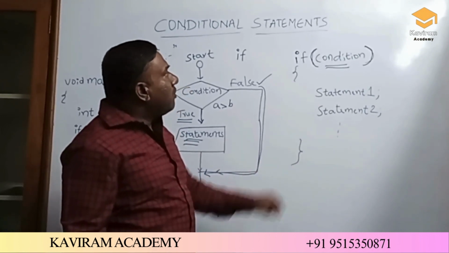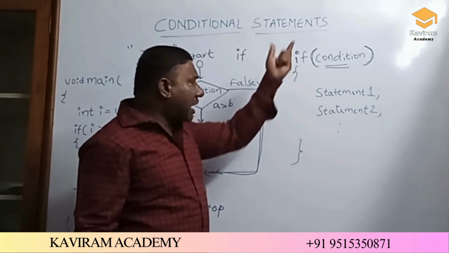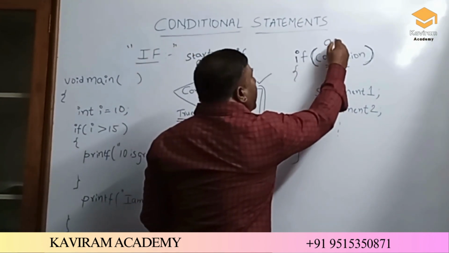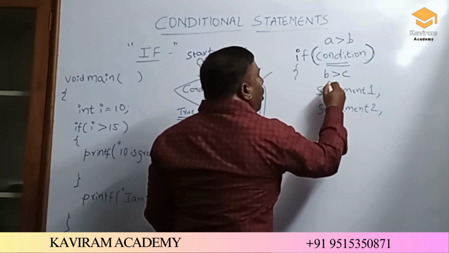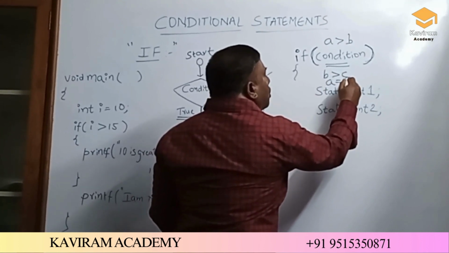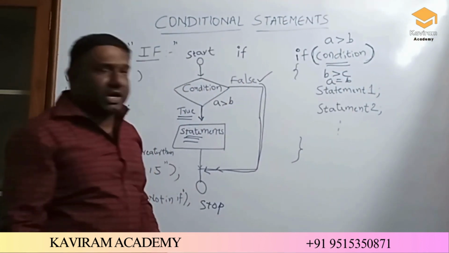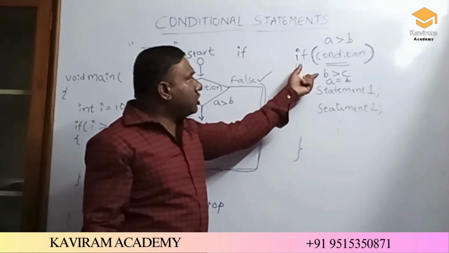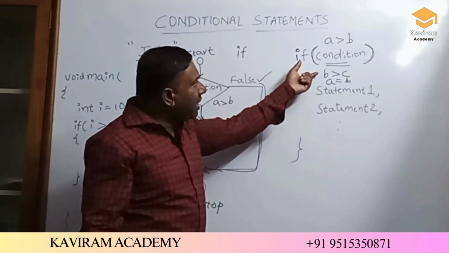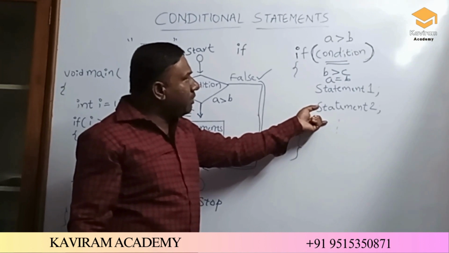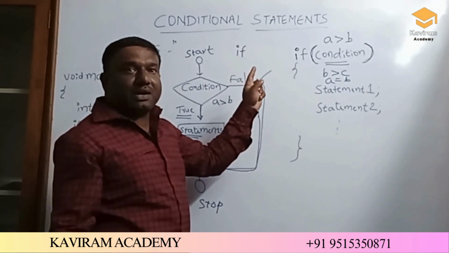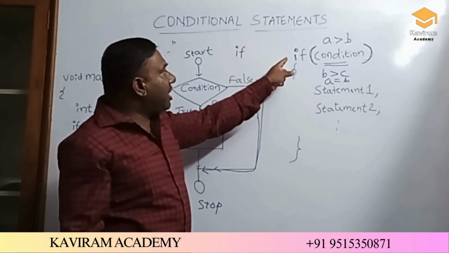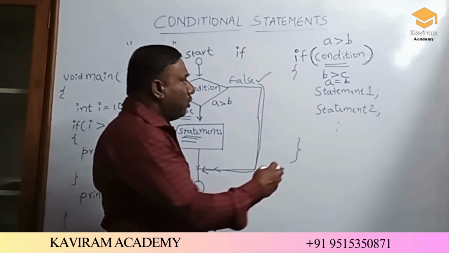Here we are writing a condition. The condition can be anything: A greater than B, or B greater than C, or A equal to B. Depending upon whatever condition we give, only if the condition is satisfied will the statements here be executed. But if will not accept any values; it will take only a Boolean value.